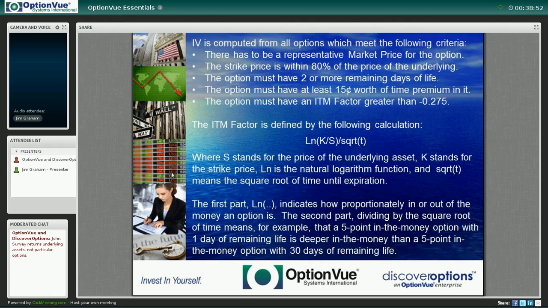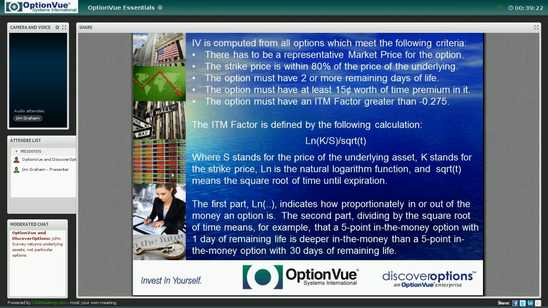First, you need a representative market price for the option. The strike price is within 80% of the price of the underlying. The option has to have at least 2 or more remaining days of life. It has to have at least 15 cents worth of time premium. And then the last one is that the option must have an in-the-money factor greater than minus 0.275.